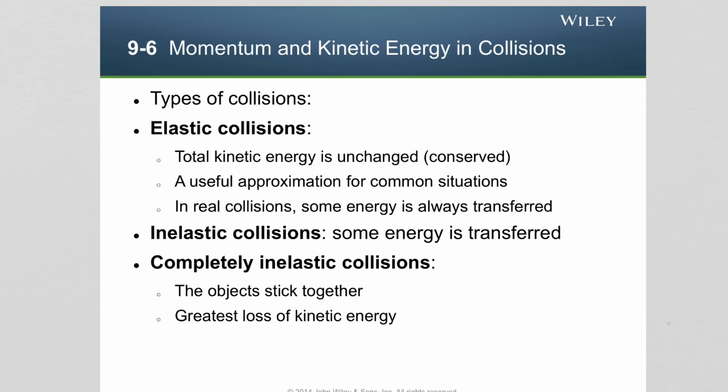First, we have elastic collisions. Elastic collisions are collisions for which the total kinetic energy of the system is unchanged before and after collision, which means that for all the particles that are in the system, the sum of all kinetic energies before collision is equal to the sum of all kinetic energies after collision.